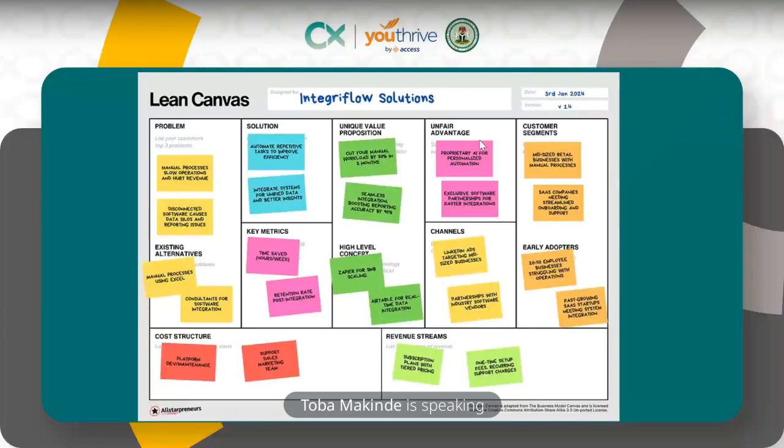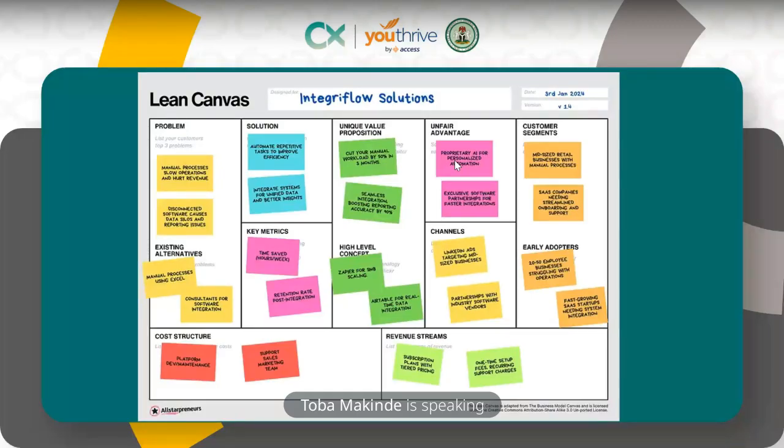Your unfair advantage is something that you have that other people do not have. It may not necessarily be in your product. It might be in the channel approach or in your distribution approach. So your unfair advantage could be anything that you have that your competitors do not have.